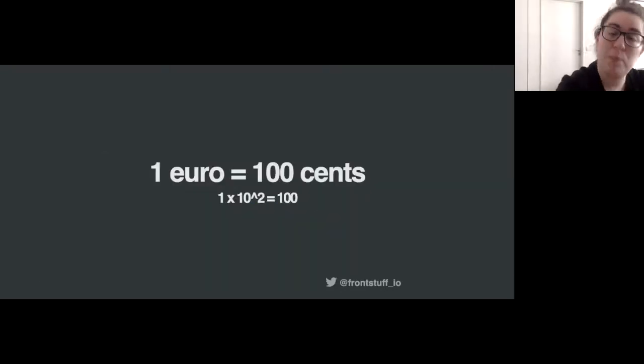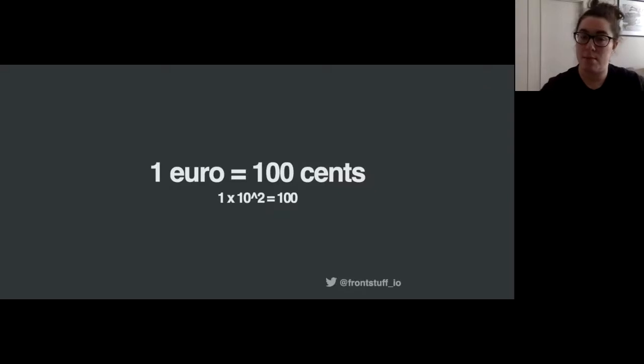A euro can be broken down into 100 cents, right? And a cent is the smallest chargeable amount in euros. Euros are a decimal currency, right? So it means that the number of cents in a euro is a power of 10. And in euros, to get from 1 to 100, you multiply by 10 to the power of 2, or 100.